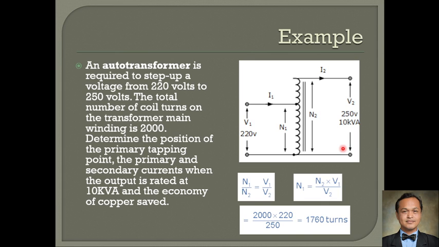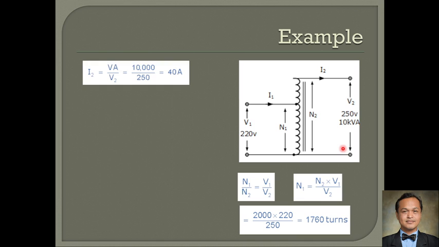Now the current at the secondary side is equal to the VA, or the power, divided by 250. The power is 10 kVA, divided by 250, which is the voltage at the secondary. So the current now will become 40 amps.